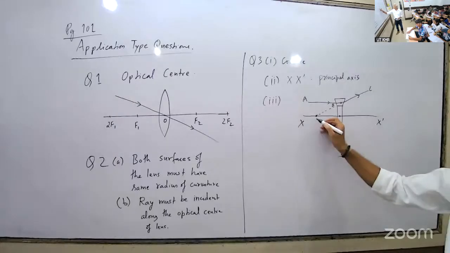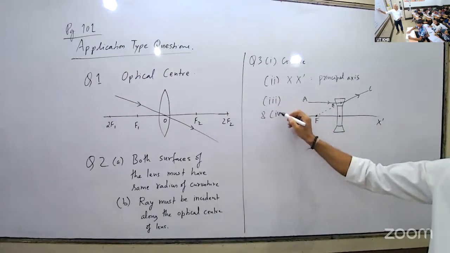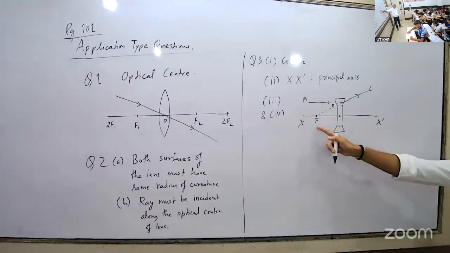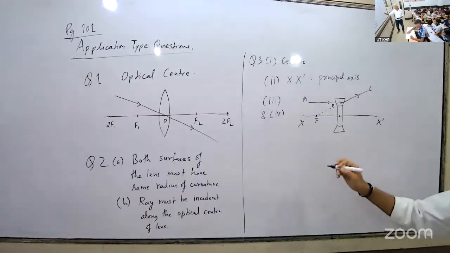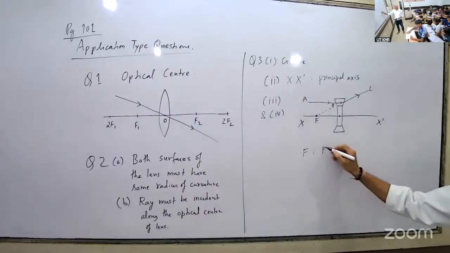So this is F, this is 3 and 4 together. So what is part 4? This has to be labeled as F, that is part 4. What is it called? F is called principal focus.